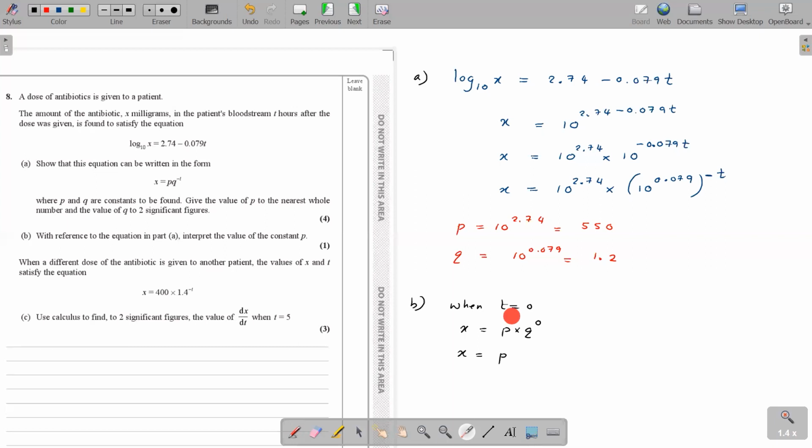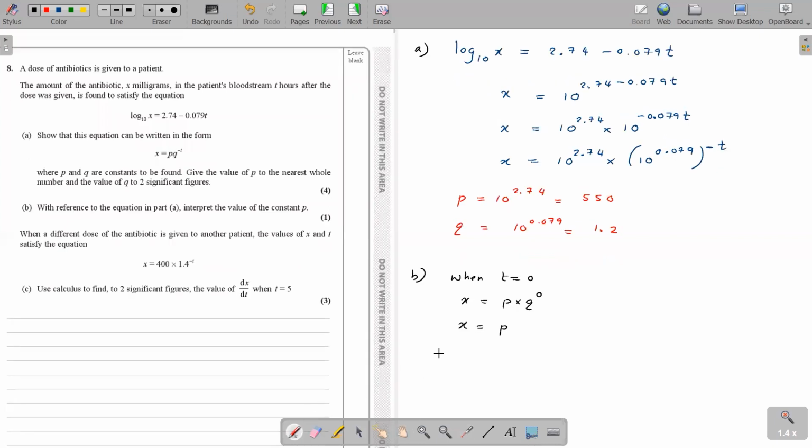So you can say P is the amount of antibiotic in the patient's bloodstream at the beginning.